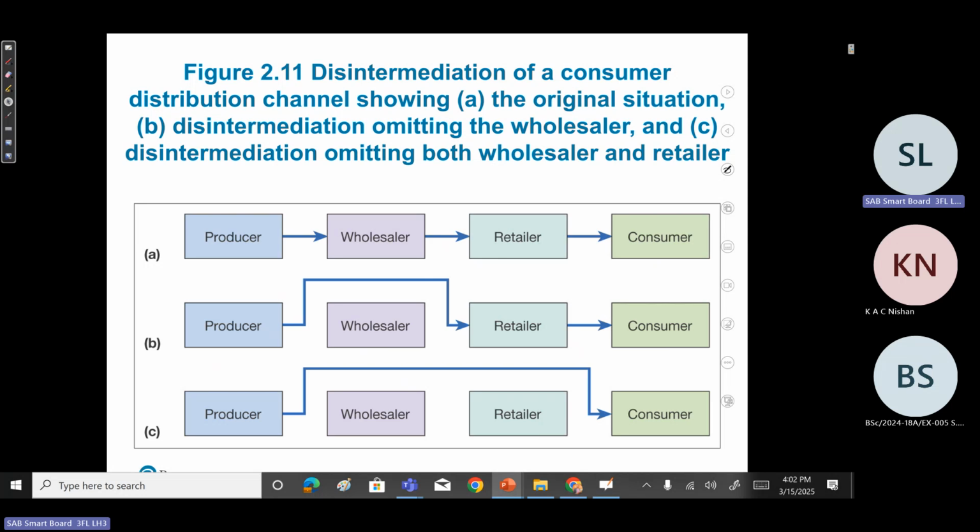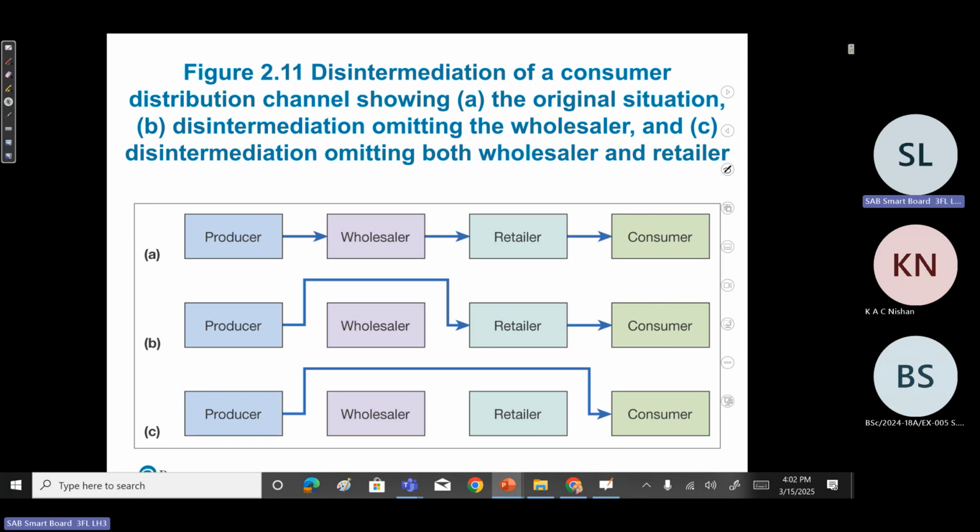What are the intermediaries? There are two kinds: wholesalers and retailers. Wholesalers purchase in bulk and sell to retailers, a B2B, business to business transaction. Then retailers sell those vegetables to the consumer. That's the usual way it works.